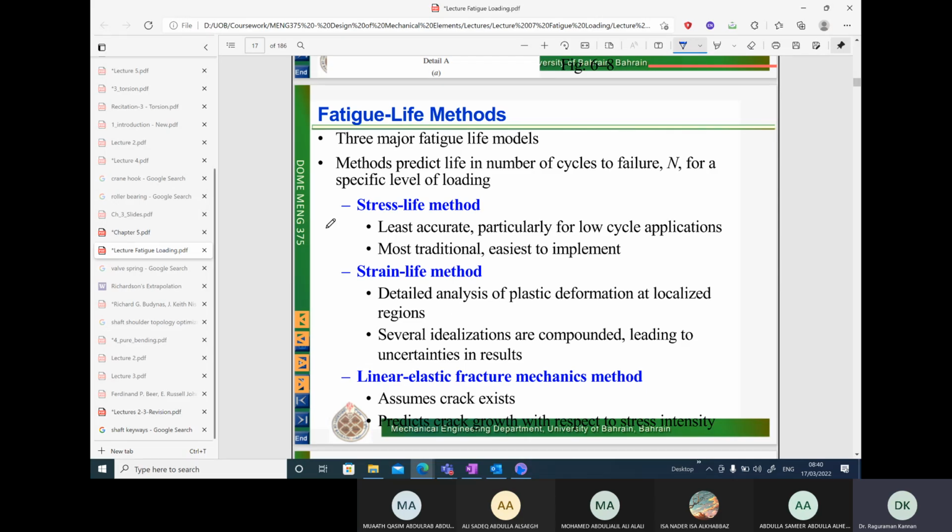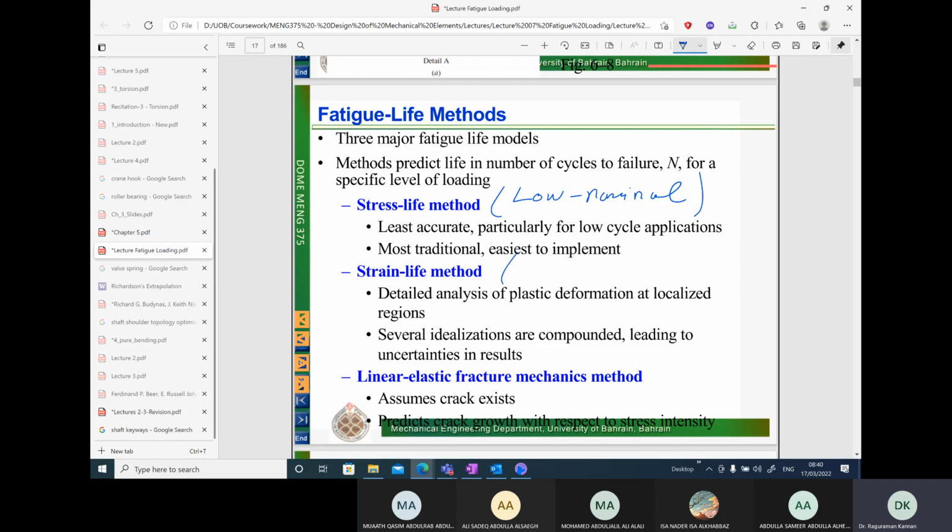So we are going to go through three models: stress life method, strain life method, and linear elastic fracture mechanics. What is the stress life method used for? When we have low nominal stress in comparison to the yield strength of the material, then we use the stress life method.